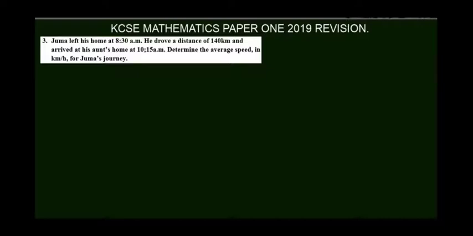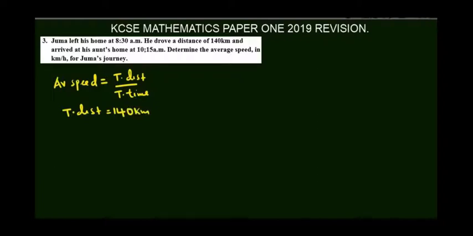Now, the average speed should be given as the total distance all over the total time taken. But the total distance covered, we already know, is 140 kilometers.